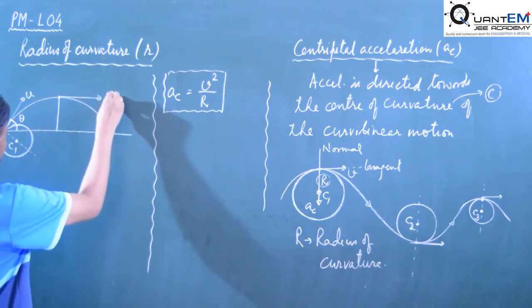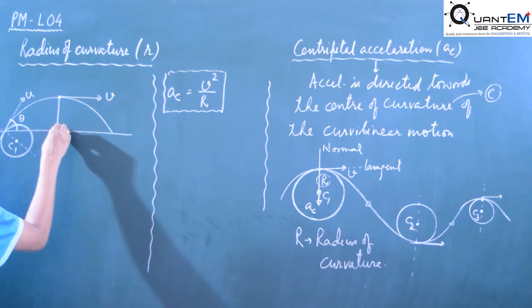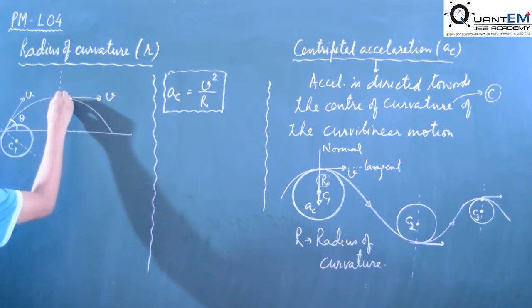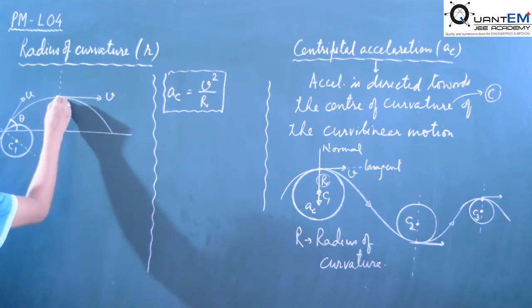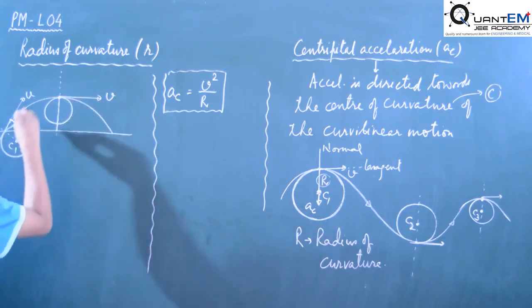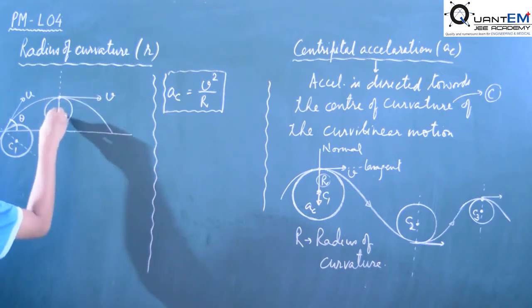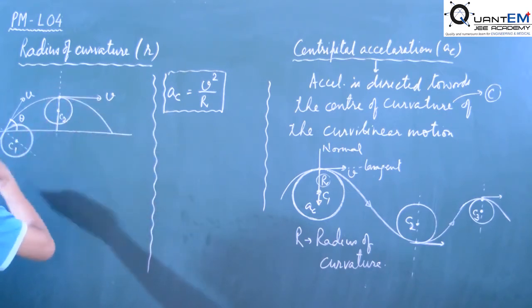Now here the speed is v. Now at this point, when it is at maximum height, we have to get the radius of curvature. We draw a normal here, again draw a circle, and the center is at some point over the normal. This one is the center of curvature.